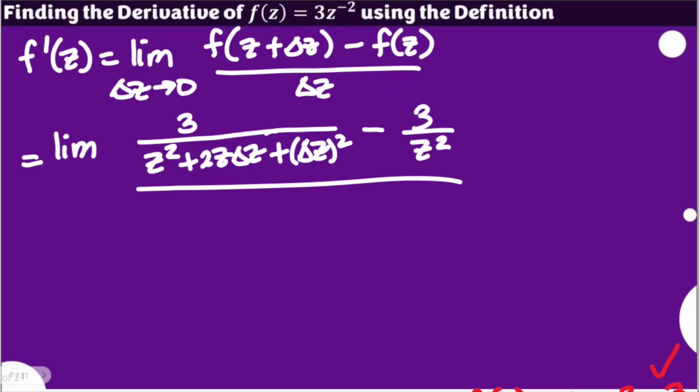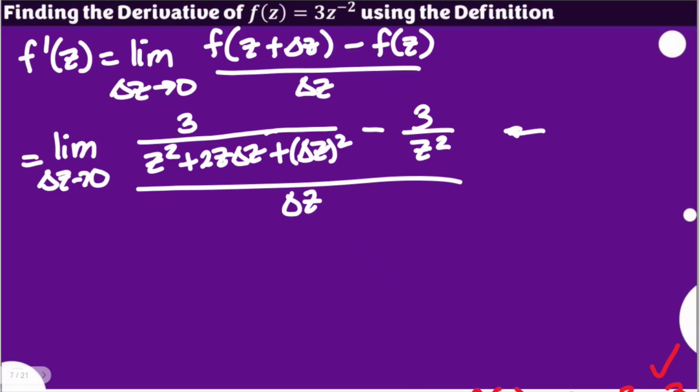This is still all over delta z as delta z approaches 0. Hence, we cannot again substitute automatically because we still have an undefined form here. But what we can do here is to take out our numerator and combine these terms as well. Probably we would see later on some expression that will allow us to cancel this if possible.